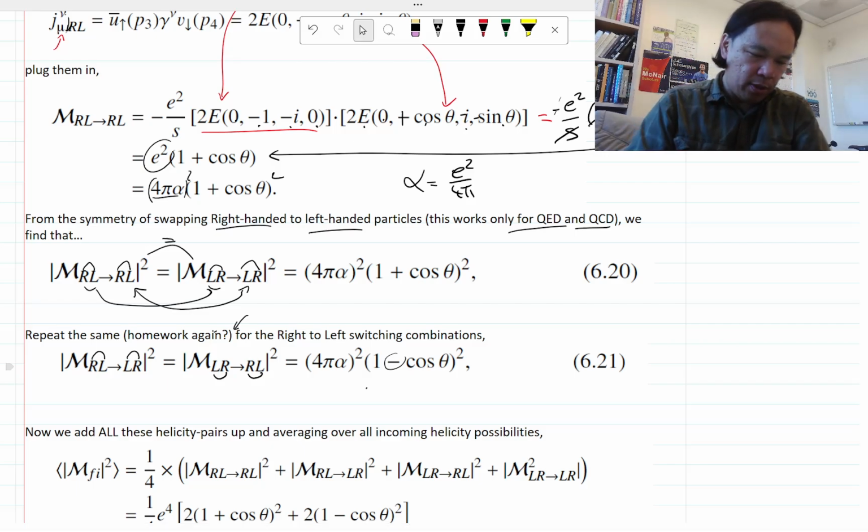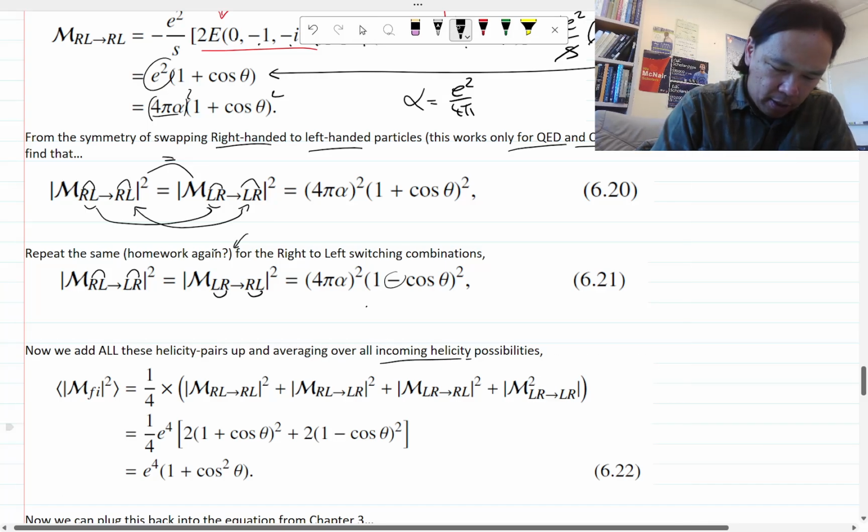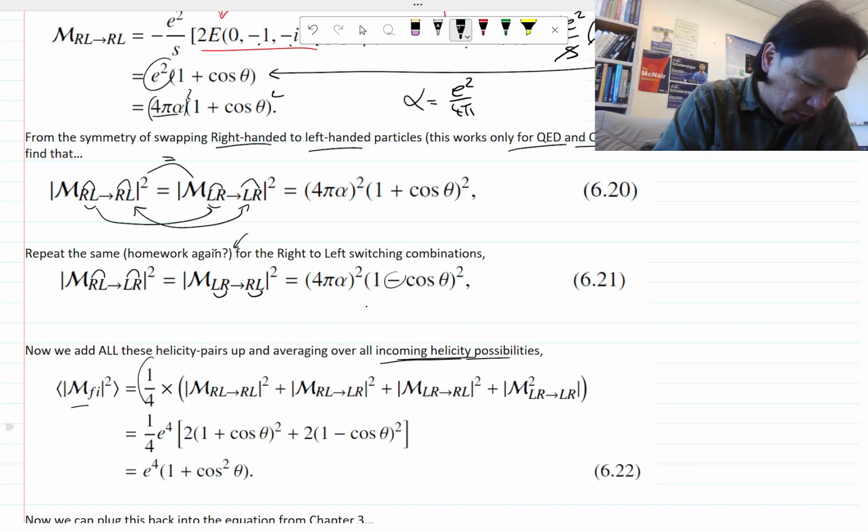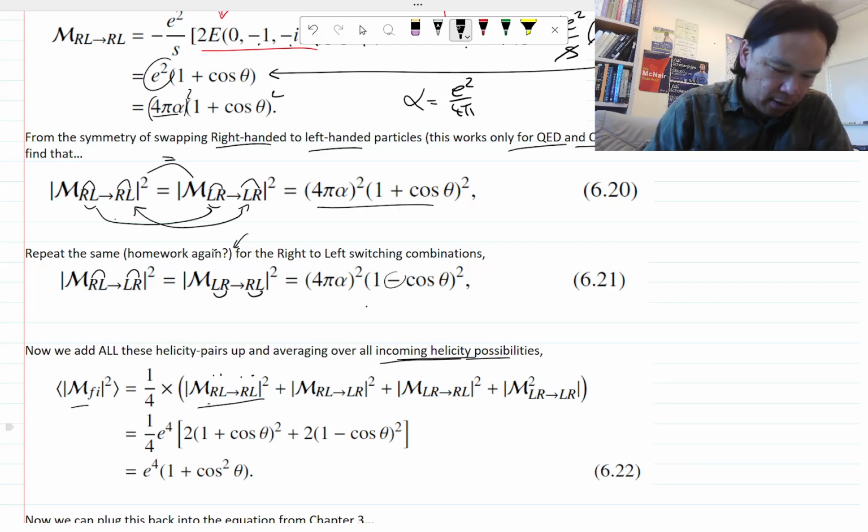So we're going to average over all the incoming helicity and outgoing helicity states, which is where that 1/4 comes from. This first term here comes from up here. This is the matrix element to calculate if you have a right-handed electron and a left-handed positron annihilating and producing a right-handed muon and a left-handed anti-muon.